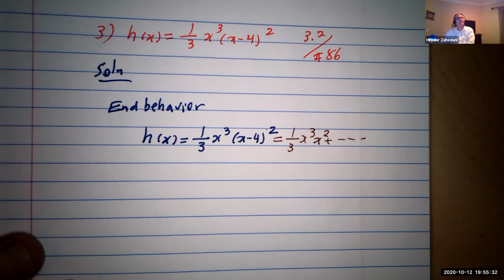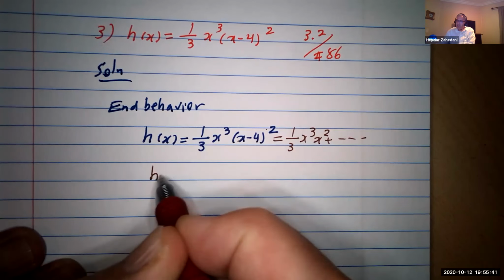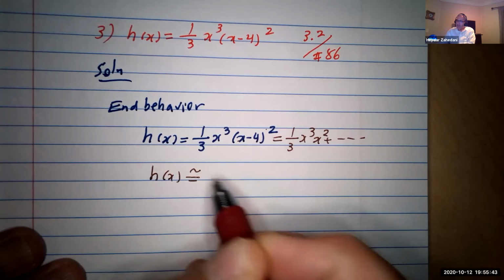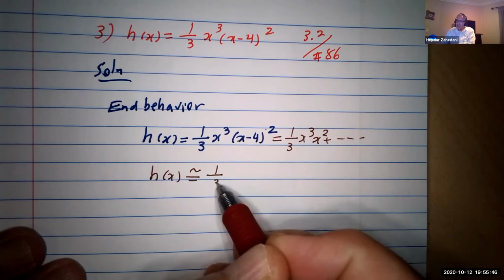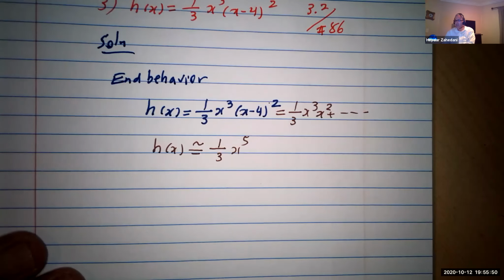Any question? The terms containing the highest power of x. That's the one. So now we know that we can estimate h of x by what? We estimate it by 1/3 x to the 5th, the leading term.